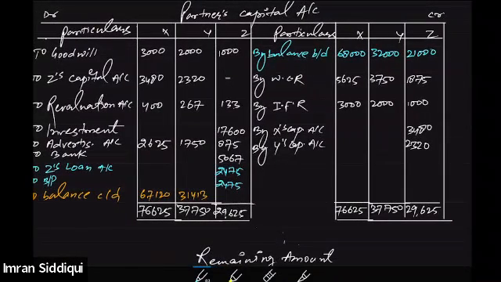Just a minute. Give me a moment. Let me first of all do one thing. Let's total the credit side of Z first. On the credit side, we have 21,1875 plus 1,000 plus 3480 plus 2320.